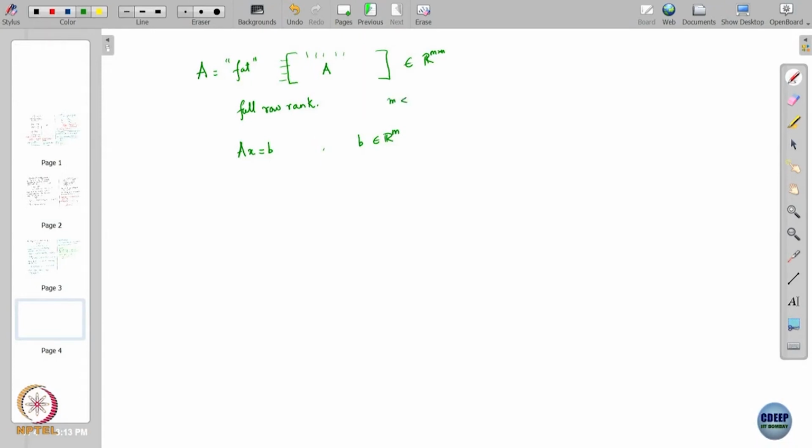And so, I am in this region where m is less than n, actually m is much less than n in general. Okay. So, then can you solve for x, and how many solutions do we have? Yes. The number of unknowns here is n, which is the number of columns of A, and the number of equations is m, which is the number of rows of A. You have fewer rows than columns, or fewer equations than variables.